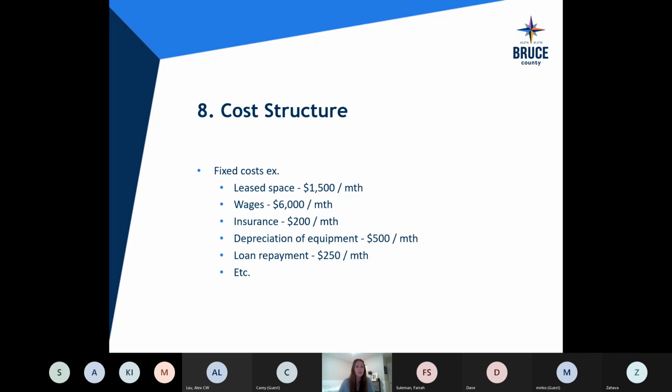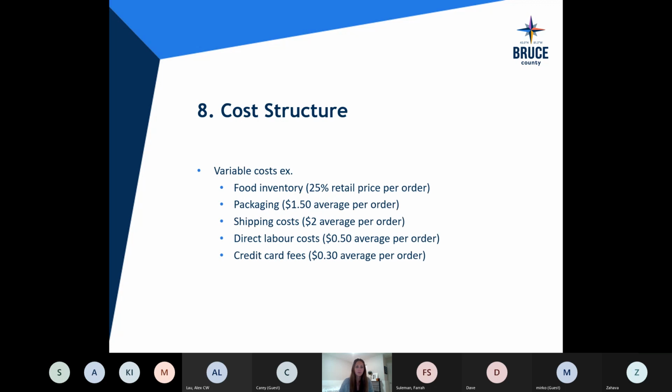I have several employees that I pay $6,000 a month. I have insurance for $200 a month. My depreciation of equipment is at maybe $500 a month. And I'm also going to be repaying a loan at $250 a month, etc. These are the costs that, of course, stay the same no matter what in the business.